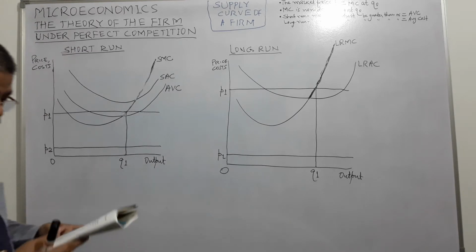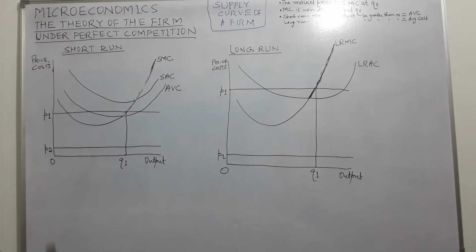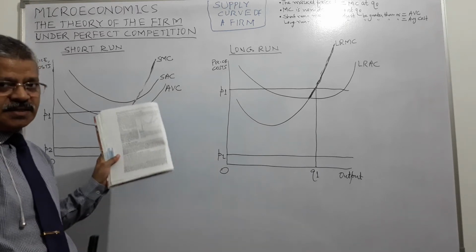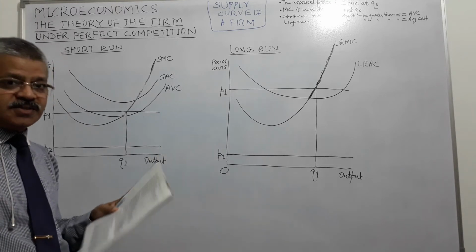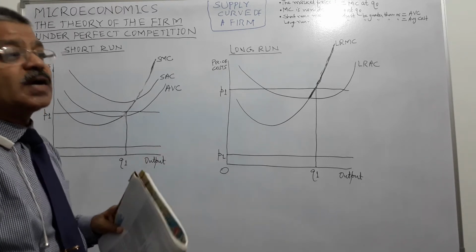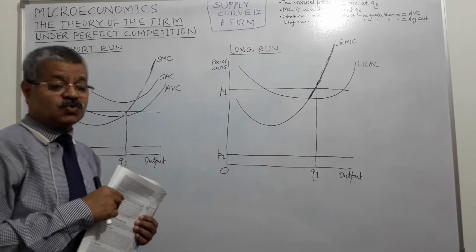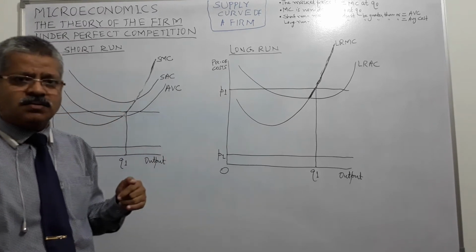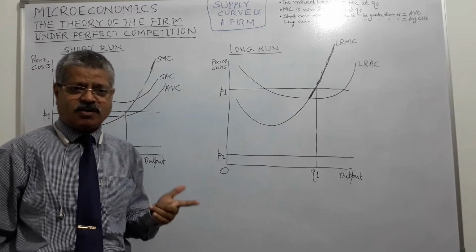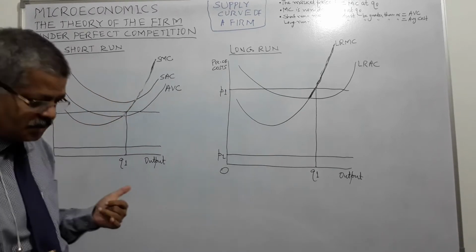Now we go to the shutdown point. What is the shutdown point? First we have done this because everything emanates from this. What is the shutdown point? Shutdown point also has two contexts, short run and long run. Firms do take shutdown decisions depending upon their level of production and the level of profits, right?